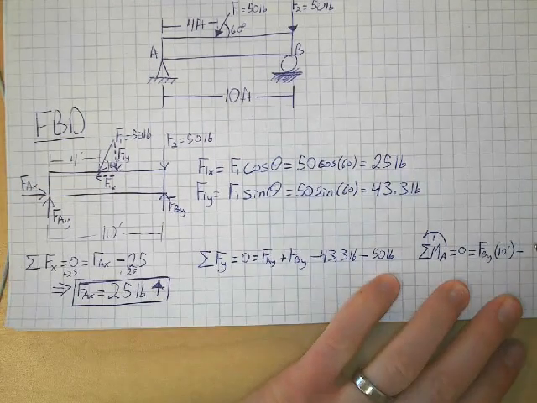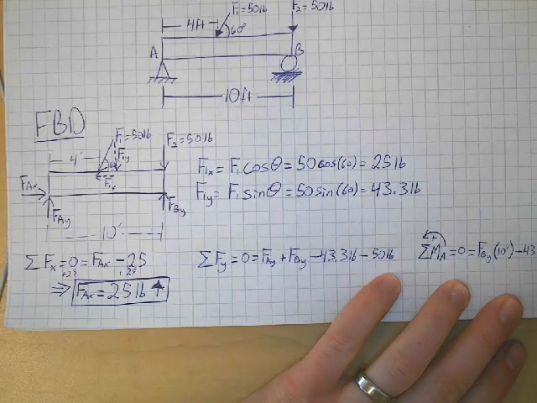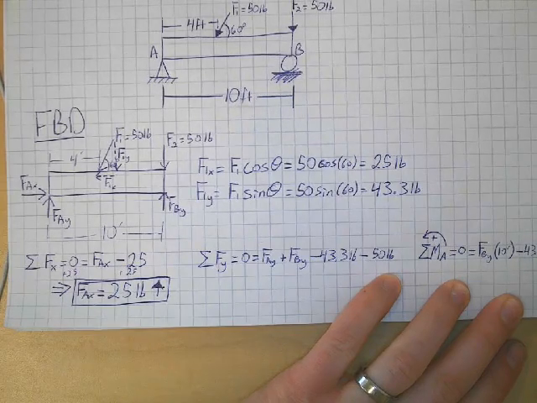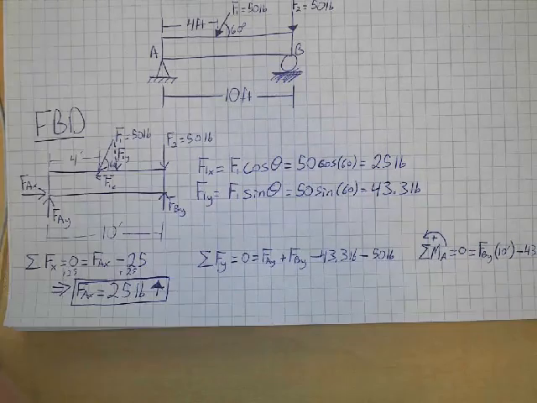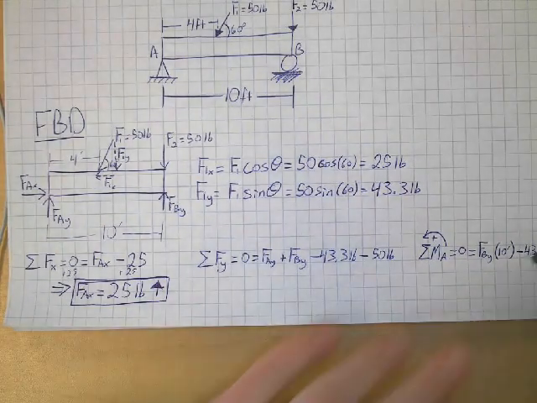So I have minus 43.3 times 4 minus 50 times 10. I kind of run out of space there. Hopefully you can see. So 43.3 times 4 is 173.2.